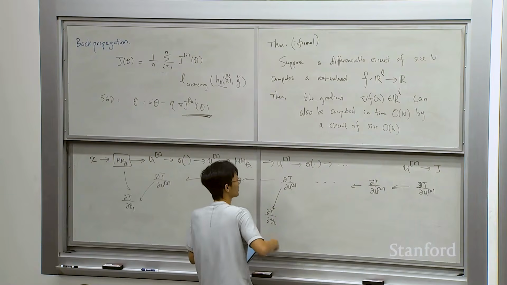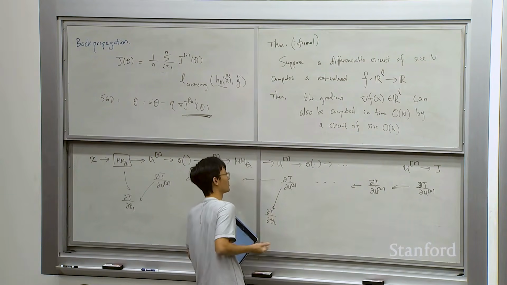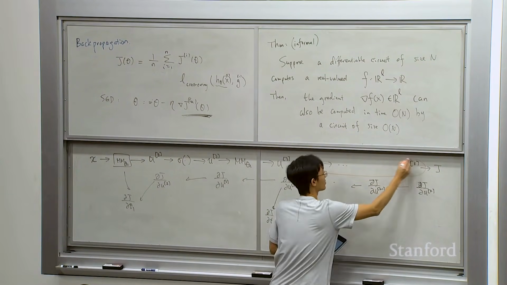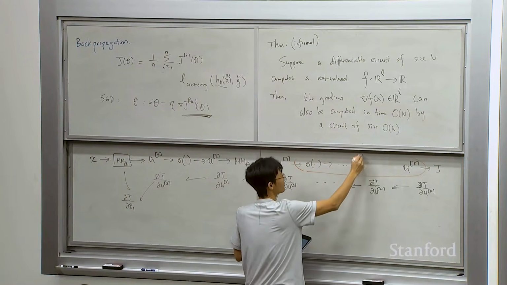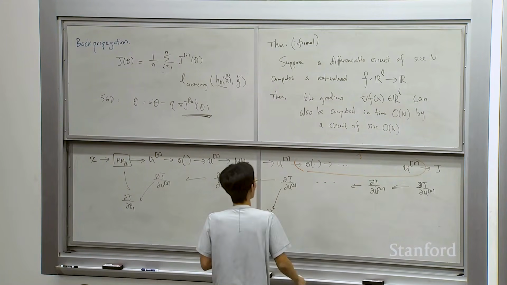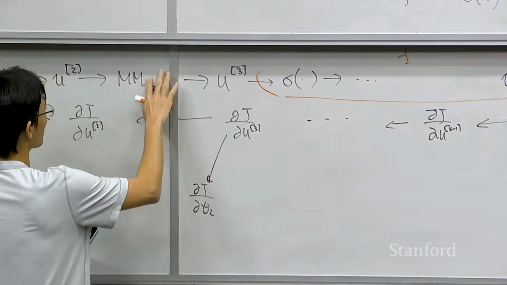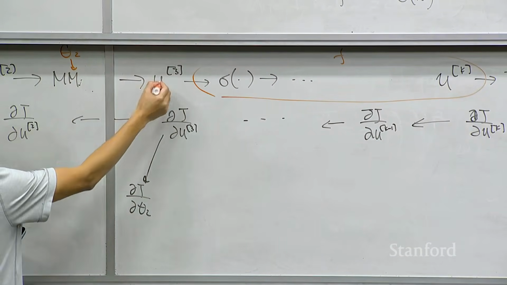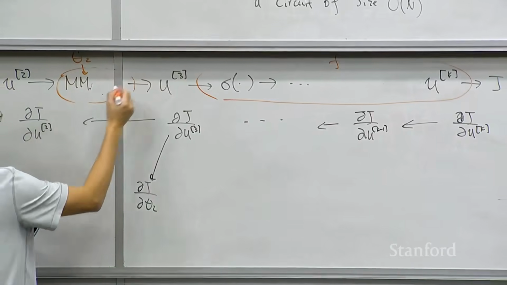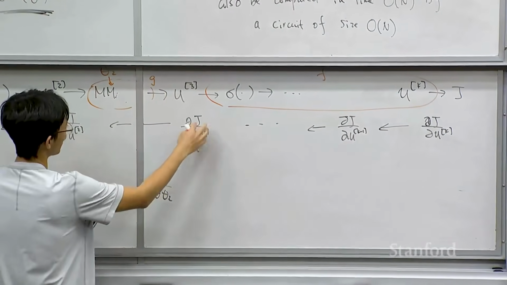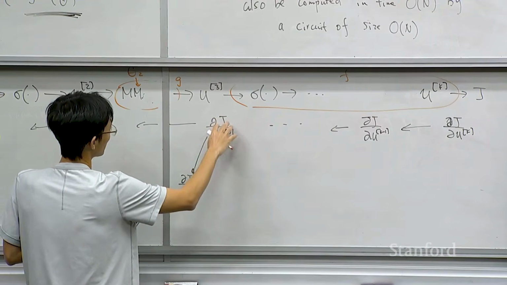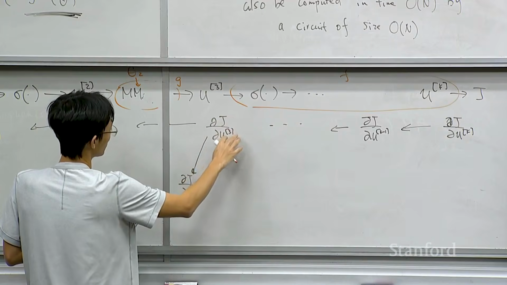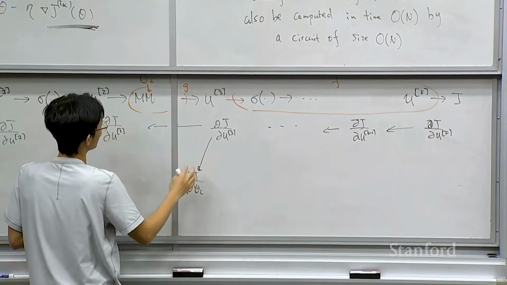I guess I'm repeating myself a little bit, but just to make it maximally clear: you view this part of the things as f in that abstract way, and you view this as a function theta 2 going to U. So you view this part as g, and that's how you compute from dJ over dU to dJ over d theta 2.